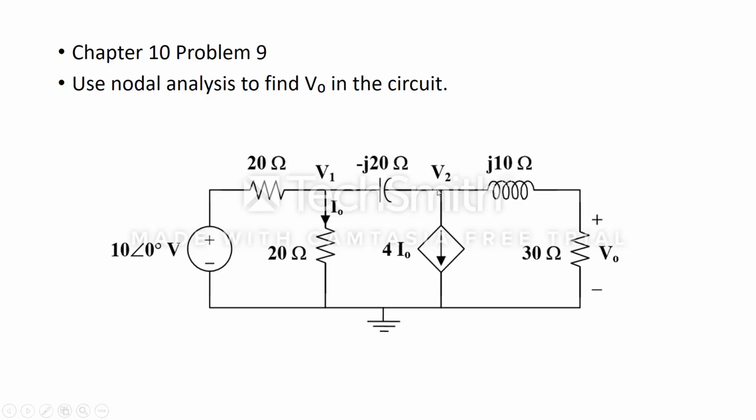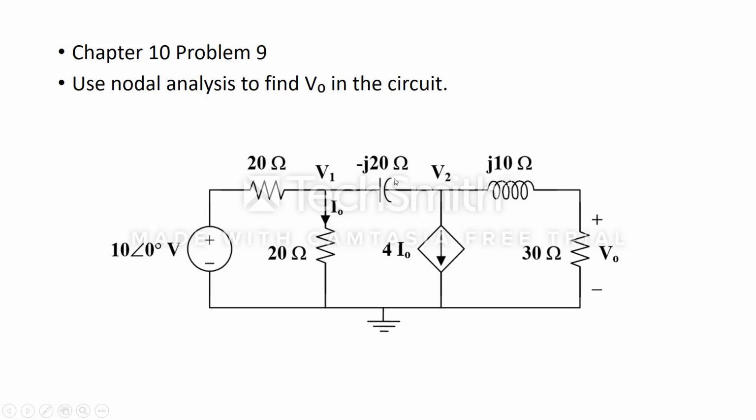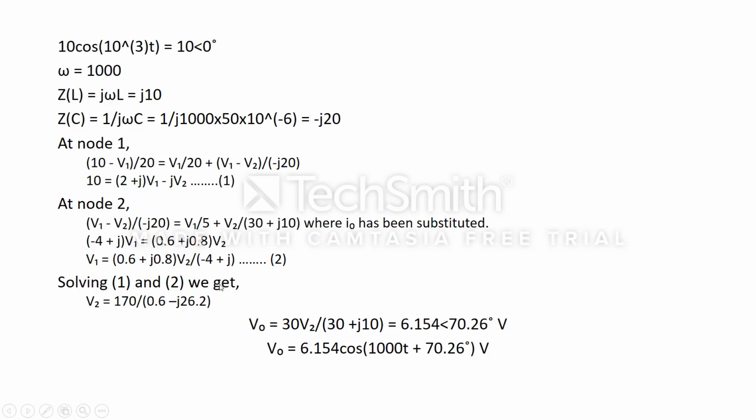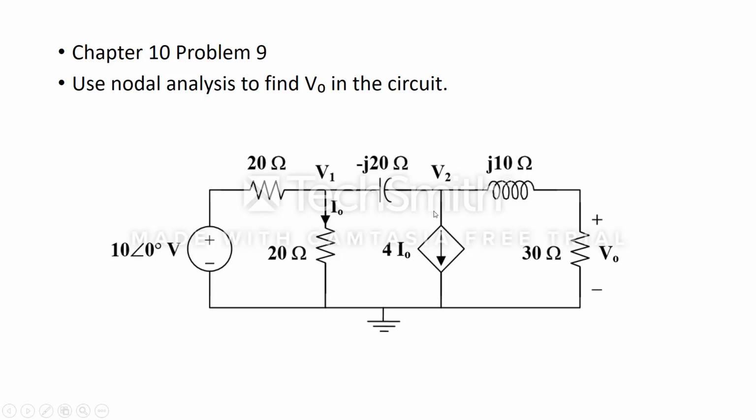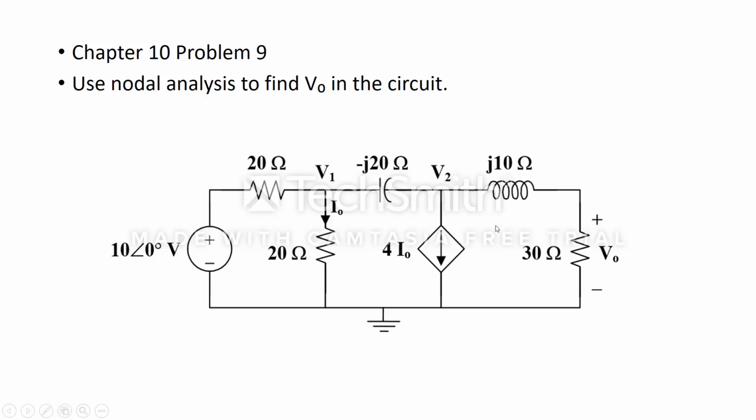Applying nodal analysis at this node, it gives us (V1 minus V2) by minus j20 equals the current flowing over here, which gives us 4 I naught, which is not considered since it has been substituted, and it is given as V1 by 5 plus (V2 minus 0) by (j10 plus 30).